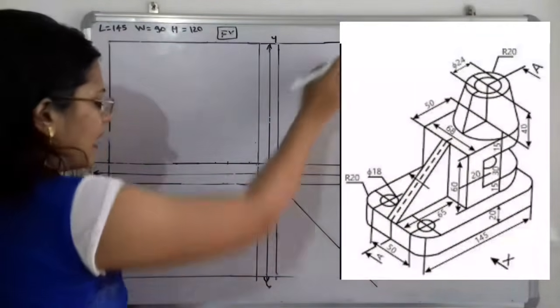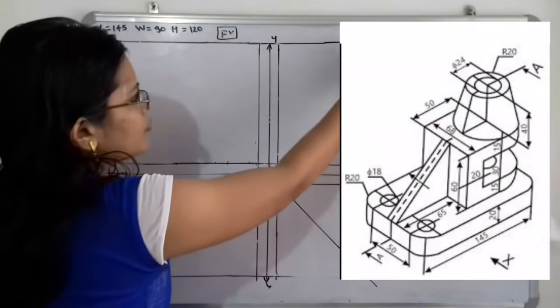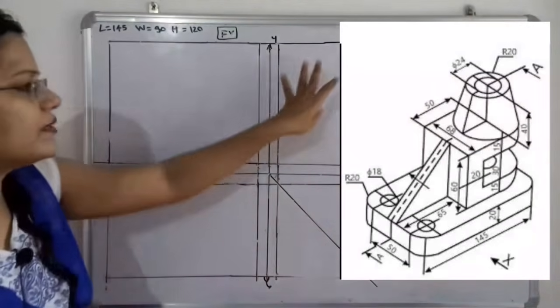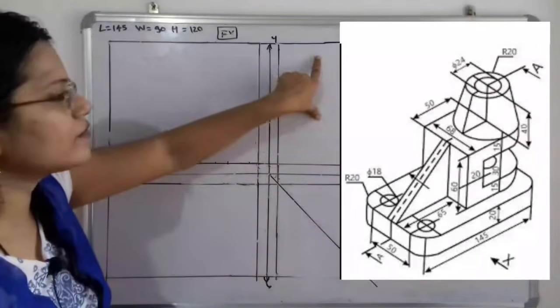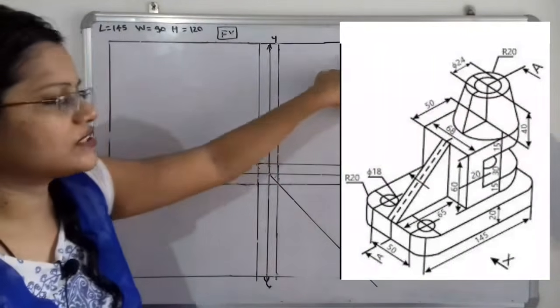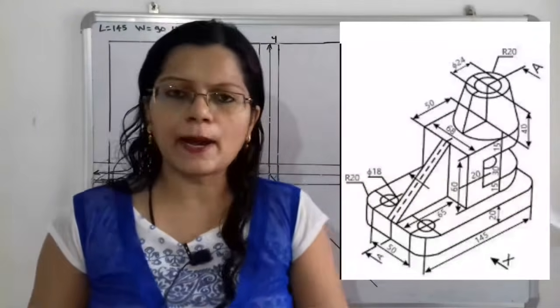So the vertical line from this top view and the horizontal line from the front view meet at the point of intersection. So this is the outline of the side view. From the side view we can see the total width and the total height. In this way this outline is getting completed.